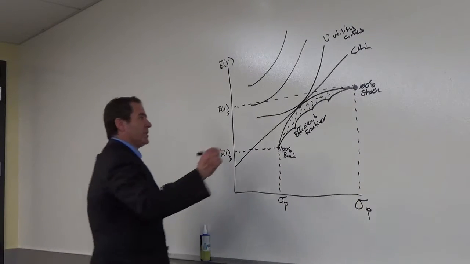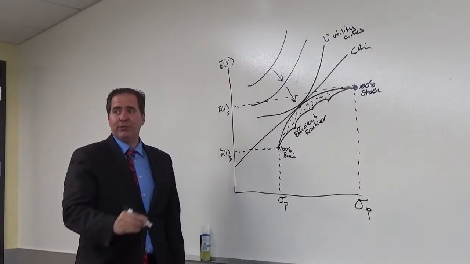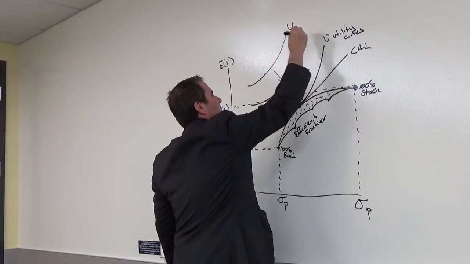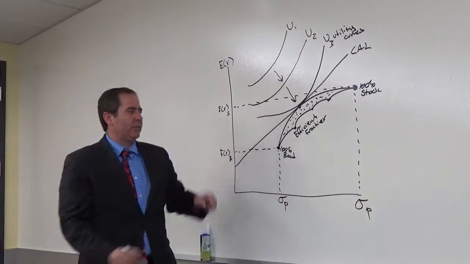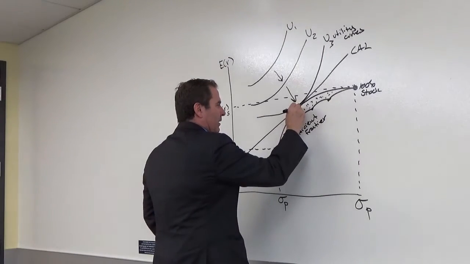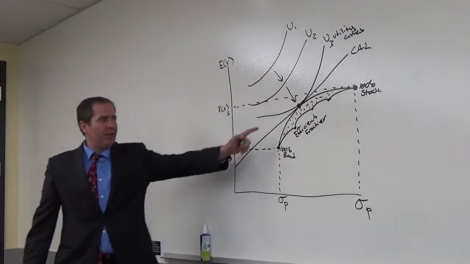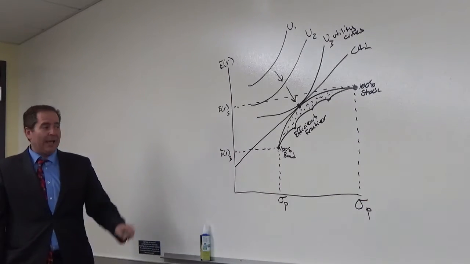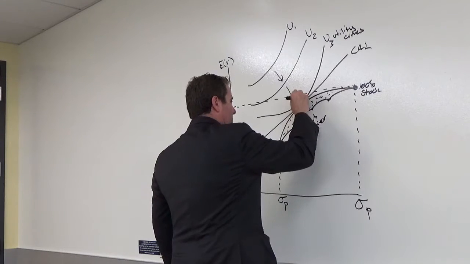So what risk-averse investors have to do is lower their utility to get to the point where the utility curve is tangent to the capital allocation line and the efficient frontier. At that point, you have what is called the market basket.